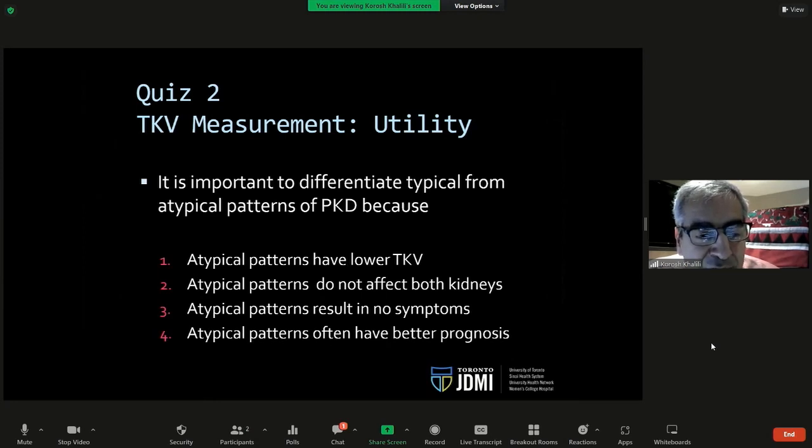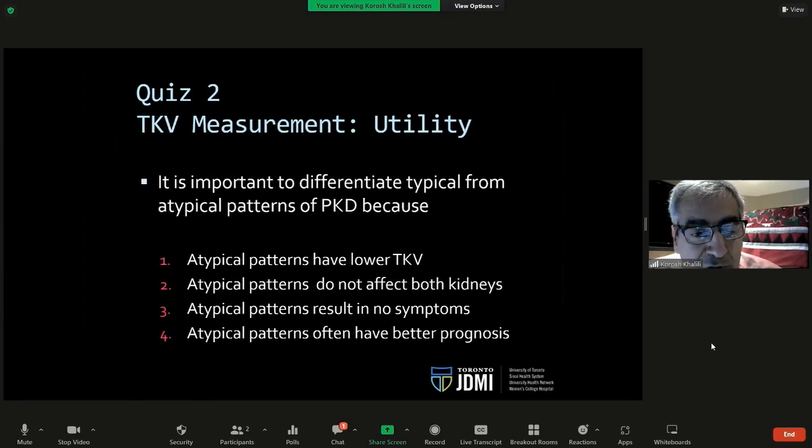So often they do affect both kidneys. And in terms of symptoms, yes, symptoms can be from the cysts themselves. So sometimes when the cysts are very large or there's hemorrhage within the cysts, patients can have symptoms. So it doesn't matter if there are many cysts or few cysts, or if they're atypically distributed or not.